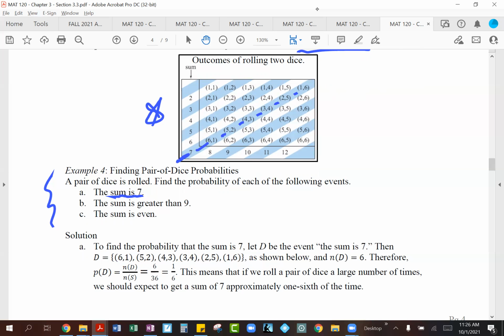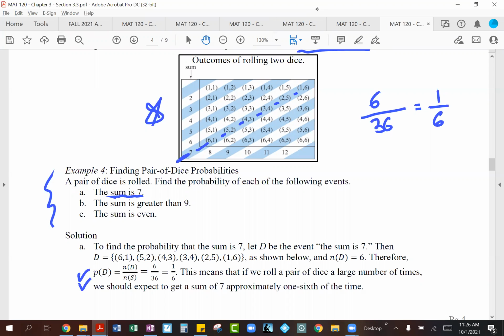So out of a total of 36 events, we've got 1, 2, 3, 4, 5, 6 which add up to 7. So that's 6 out of 36 outcomes. And, of course, when you reduce that, it becomes 1/6. And you can see they're talking about that right over here in your example.